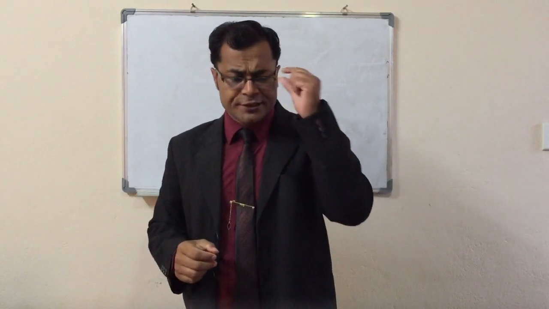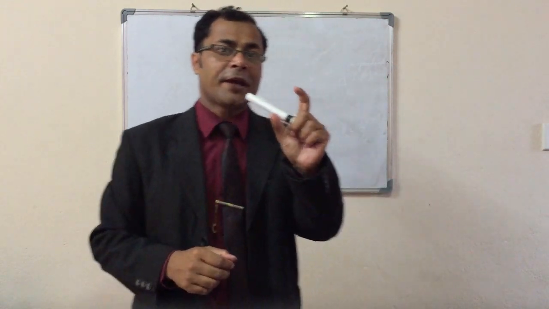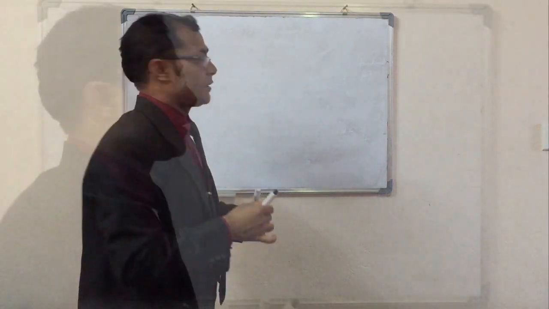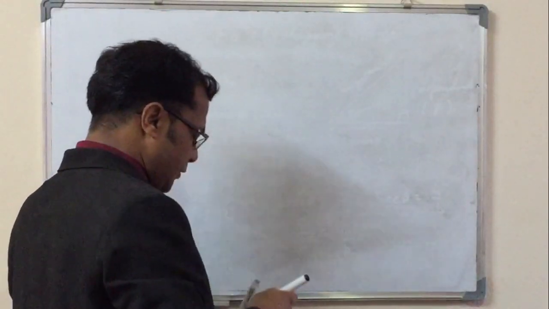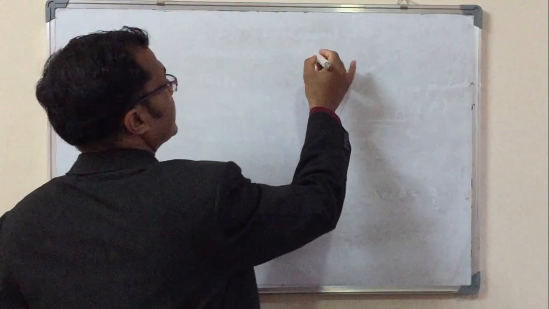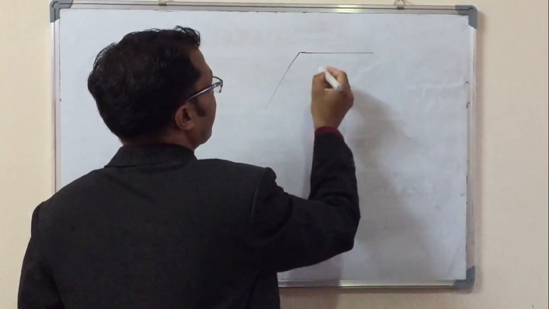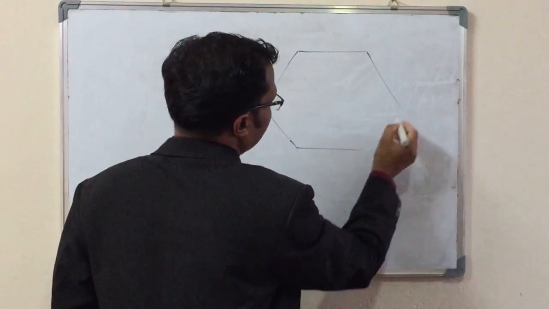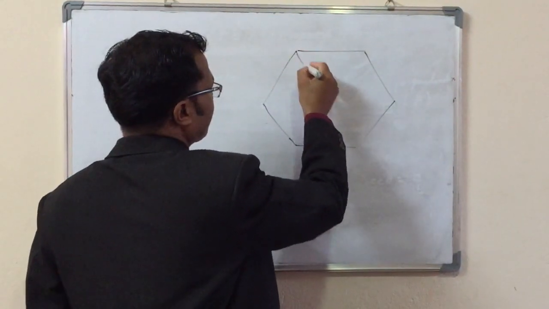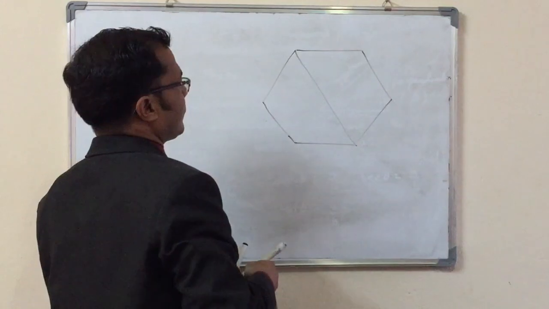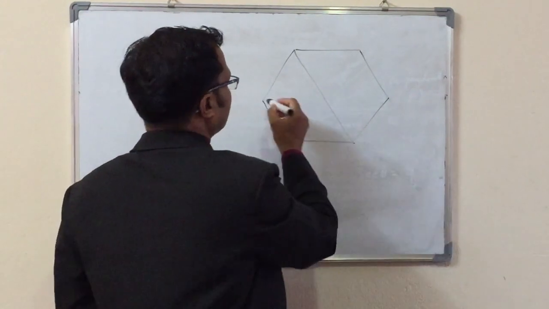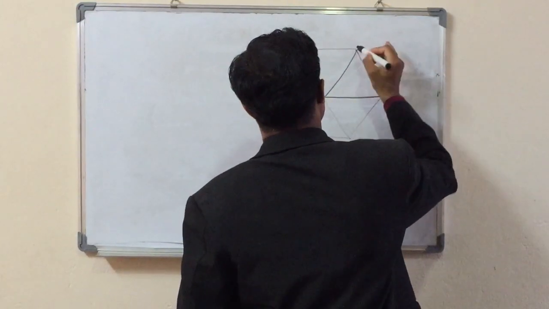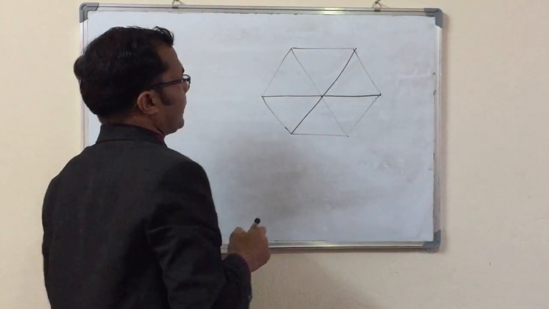I'll give you one simple technique, a trick, by which you can make all the formulas by yourself. It's very simple. What you're going to do is just draw a hexagon.